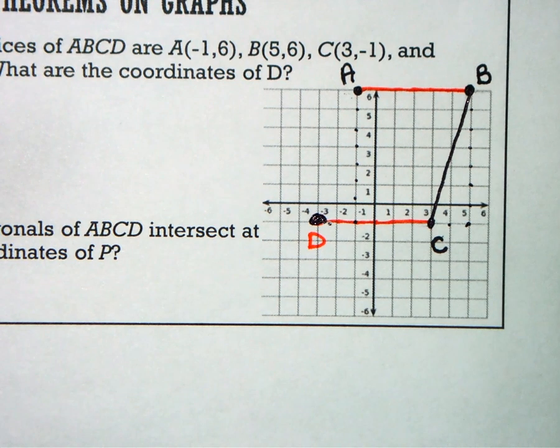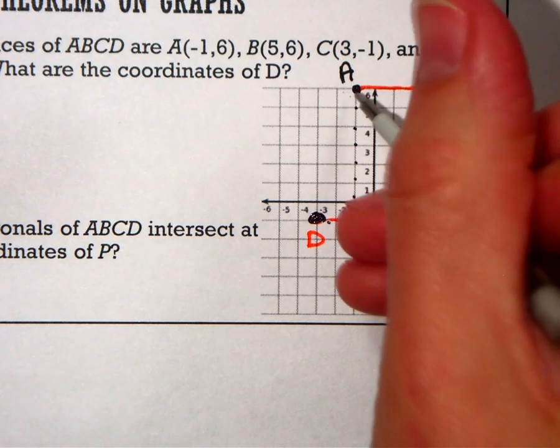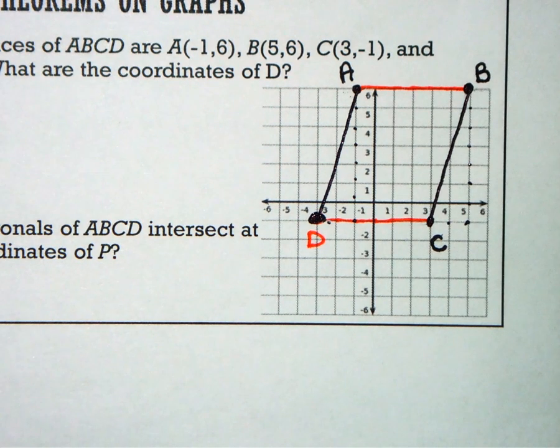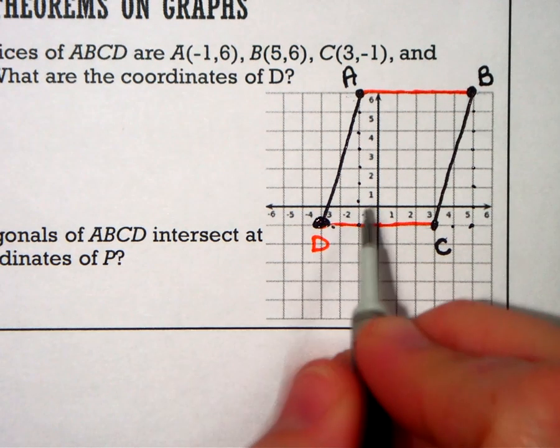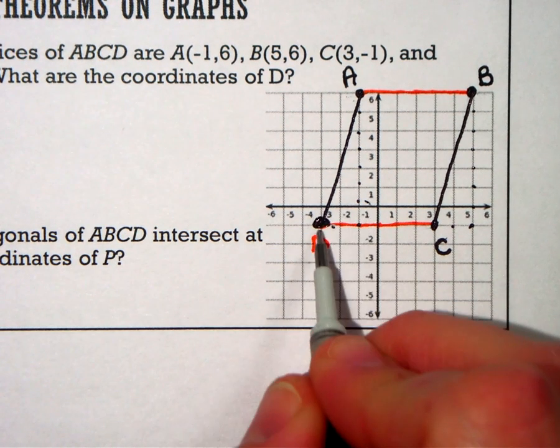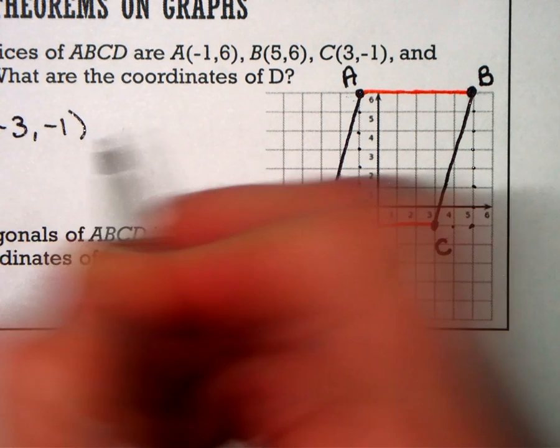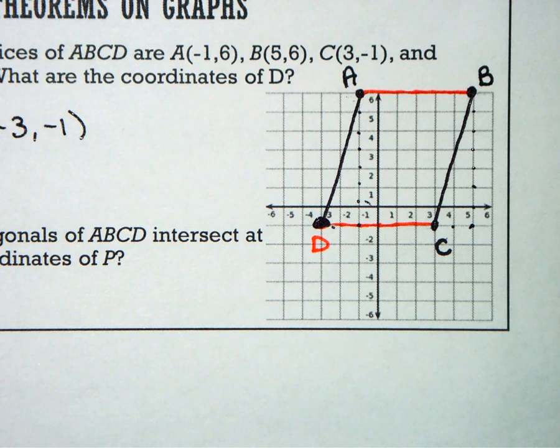And there would be your D. So that's another way to find it. You can either count to make the sides equal, or you can count to make the slopes the same. So D is going to be the coordinate -3, -1. And there's my coordinates for D. Okay? And then we'll save the rest of it for our lead-in for tomorrow.